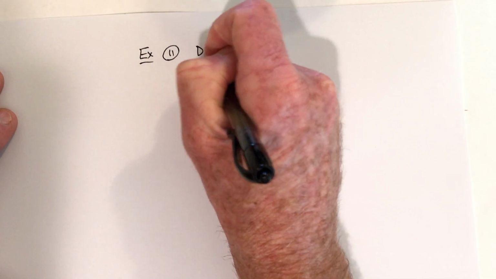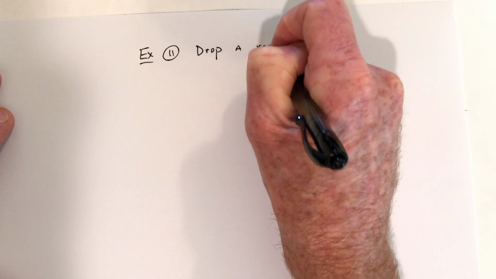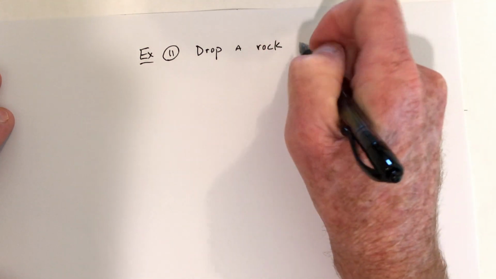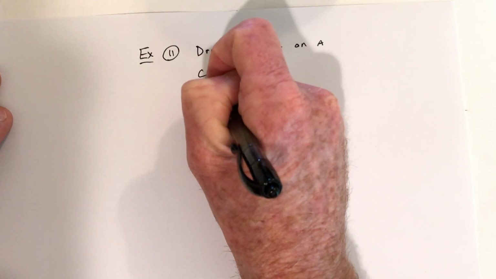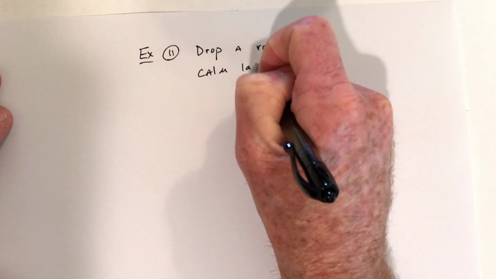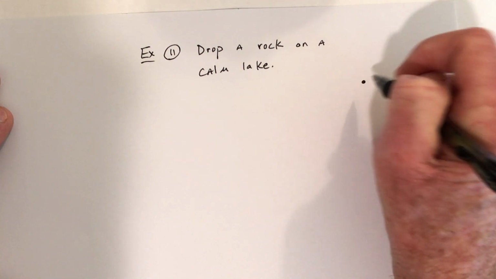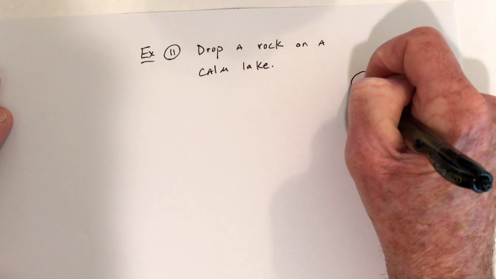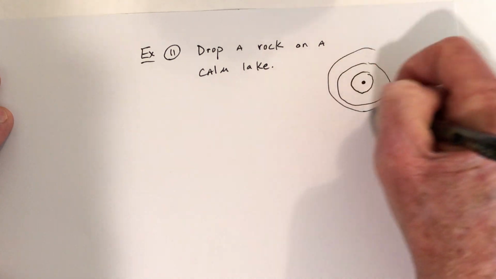Suppose that you drop a rock or a pebble or something like that. So there's this lake where the water's all nice and calm, and then you drop a rock or a pebble. So basically when you drop it, there's going to be waves that go out in circles.